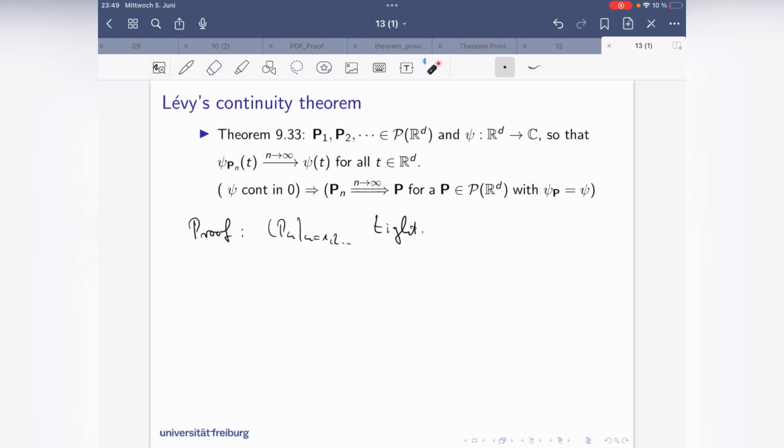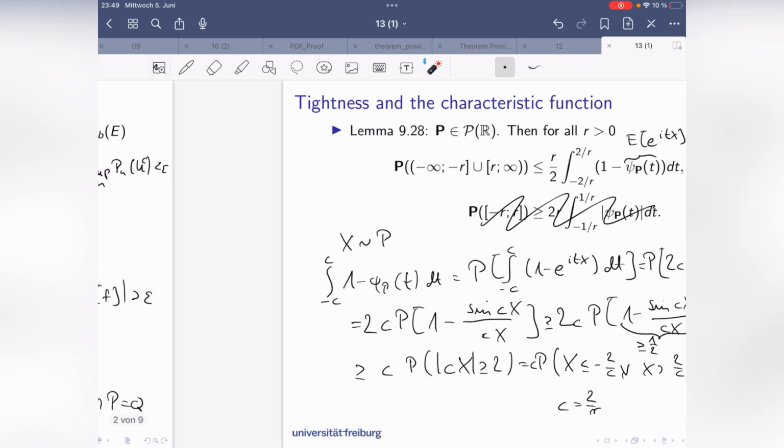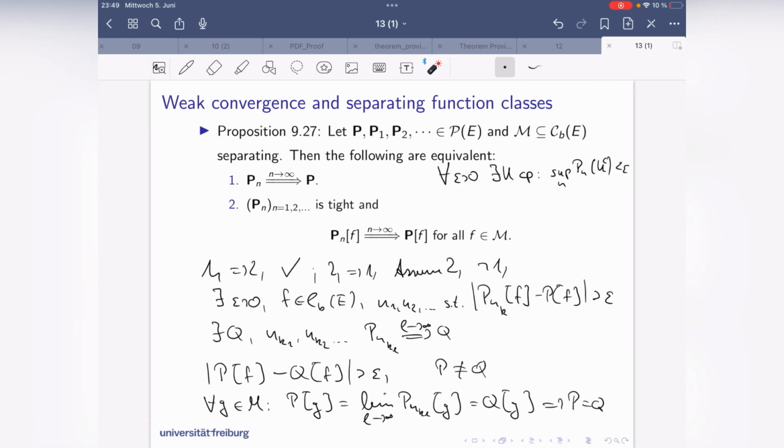Yeah. And we also had the other result. So these two here are the same. I need tightness, and I need convergence along some f here. And that means I have convergence.